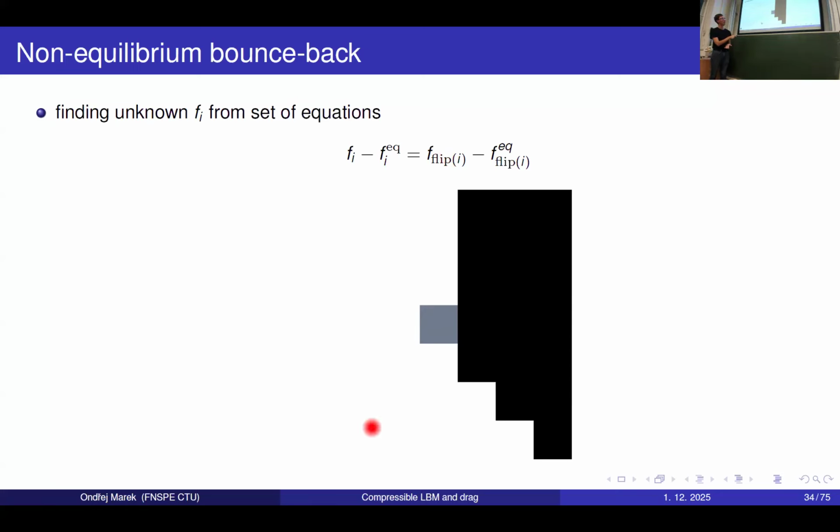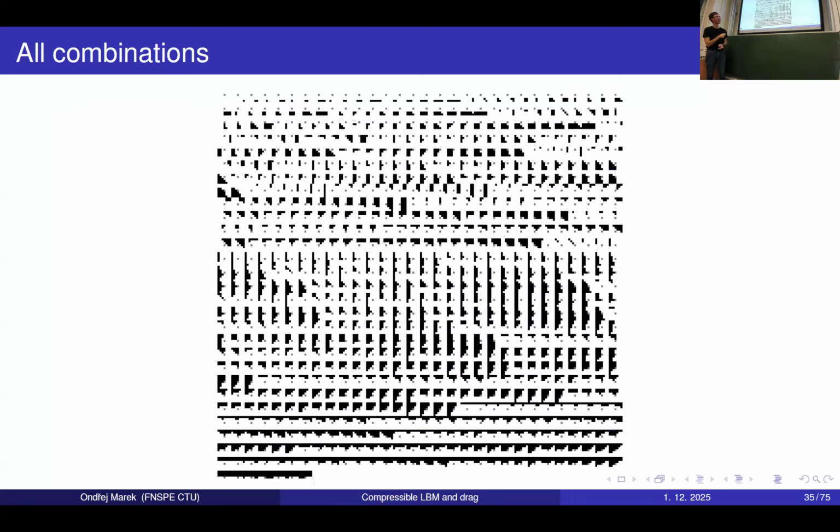But if it's a concave wall, we don't know both of them, even the i, even the flipped i. So this can be done only for convex walls. And after unifying the ones which are just flipped or rotated, we still get about 100 possibilities for the D2Q49 model.